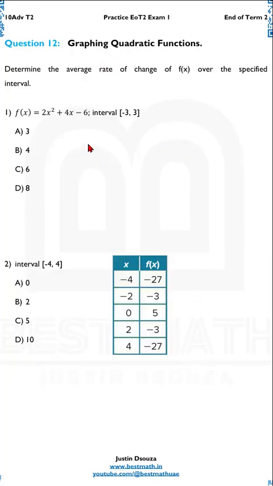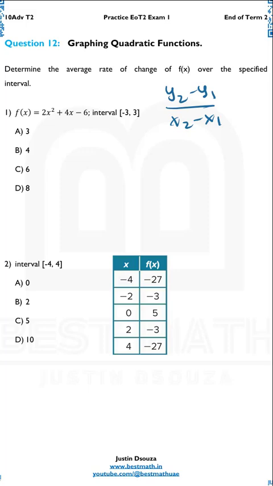Now we are dealing with quadratic functions, and we can see the function is given here. We need to find the average rate of change at this particular interval. You can use the big formula, that is the slope or the rate of change is given as y2 minus y1 by x2 minus x1.